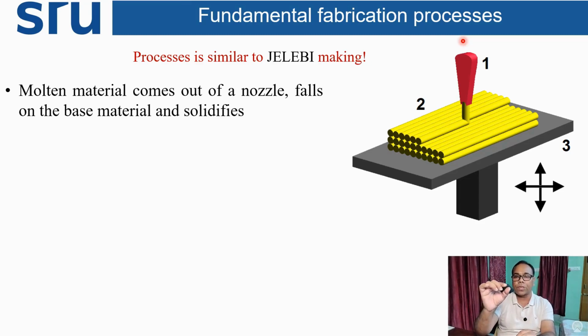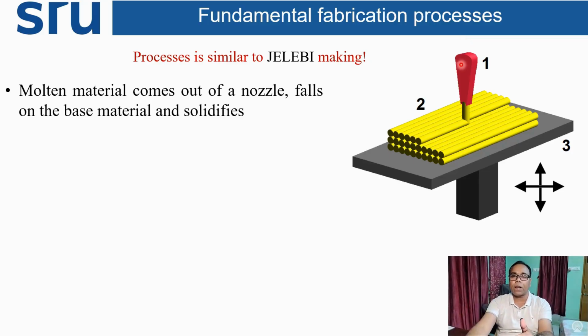Generally the filament diameter is 1.75 mm. This may change from machine to machine, but the commonly used filament diameter that I am discussing is around 1.75 mm.